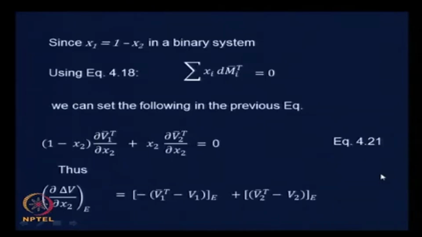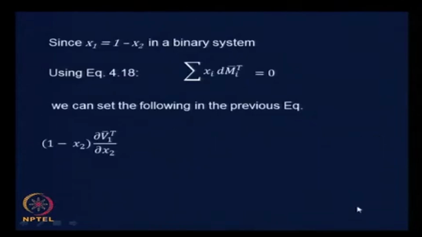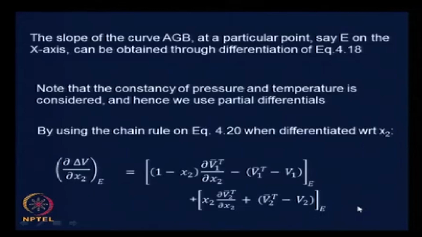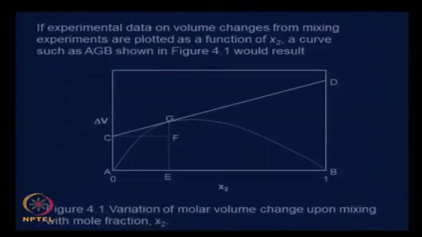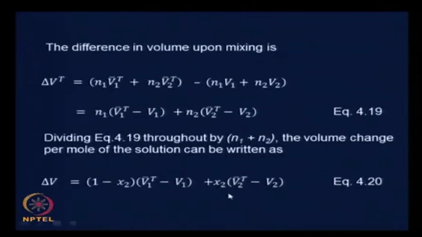What is 420? This 422 is this, we have a V2 T bar minus V2 at E, and 420 was this, x2 into V2 T bar minus V2, this one exists here. Therefore, let us use these expressions to write V2 T bar minus V2 in terms of the other variables here.